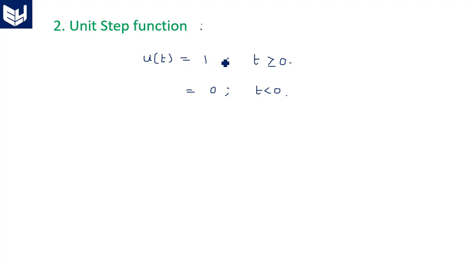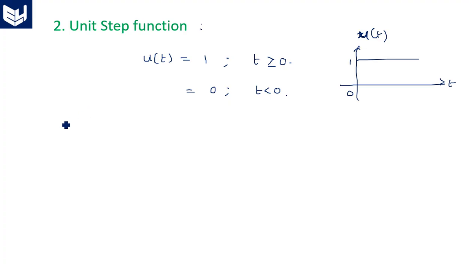The unit step signal has amplitude 1 only from 0 to infinity, a positive-sided signal, and there is no signal on the left-hand side. So this is u of t, with the x-axis t. At t equal to 0 it starts as 1 and continues to infinity.